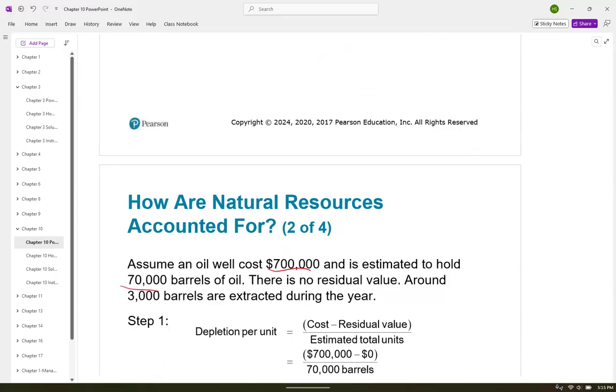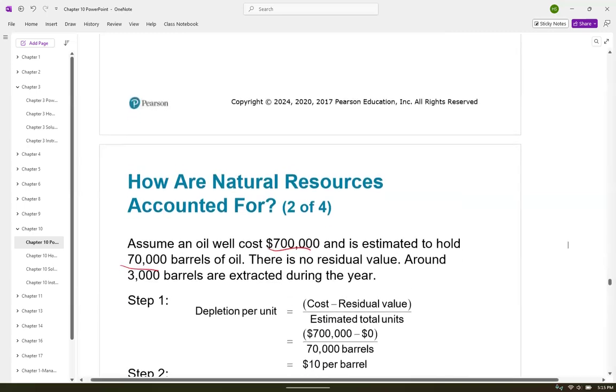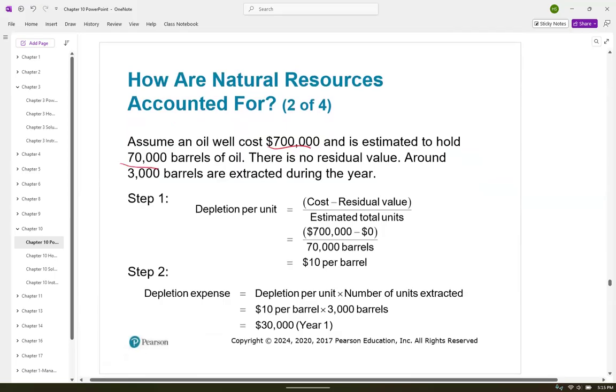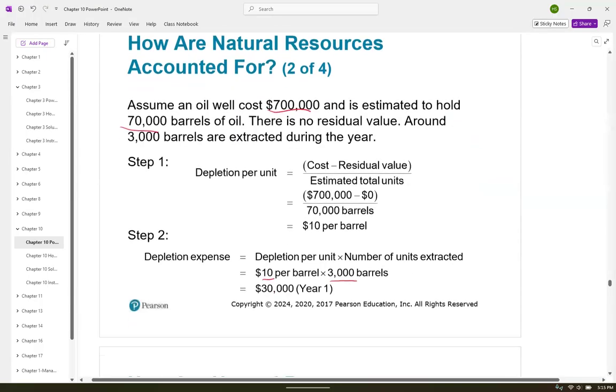And we're going to divide that by the 70,000 barrels that we estimate. That gives us $10 a barrel. They said they got extracted around 3,000 barrels. So we're just going to take the 3,000, multiply it times the 10. Year one's depletion expense will be 30,000.